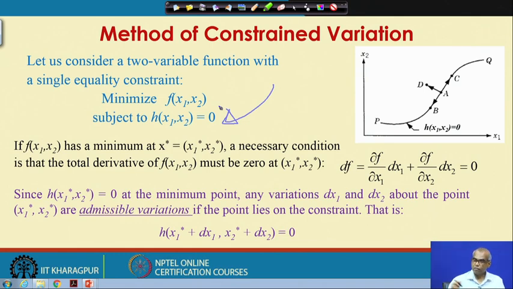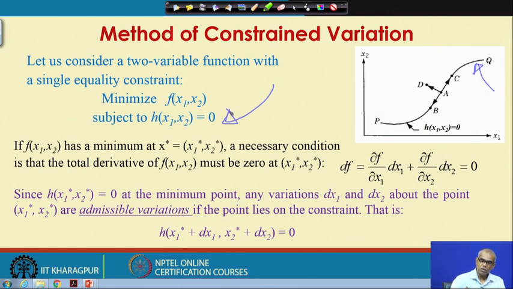Now, look at the figure. In this figure, the PQ curve represents the constraint curve. So, the solution will lie on this constraint curve. Now, if I consider the point A as x1 star, x2 star, any variations along C and along B will be admissible variations. Why? Because the points still lie on the constraint curve.